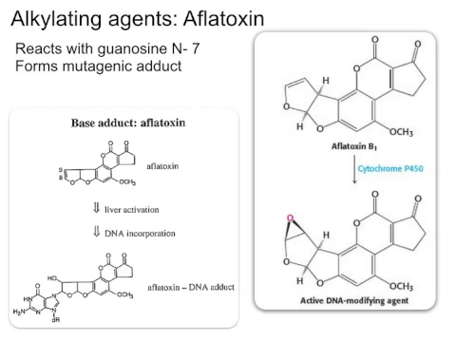One of the most well-known alkylating agents is aflatoxin. Aflatoxin is a toxin that's produced by a fungus that attacks peanuts. This aflatoxin, on its own, can intercalate between base pairs, but an enzyme in our liver does a really nasty trick.